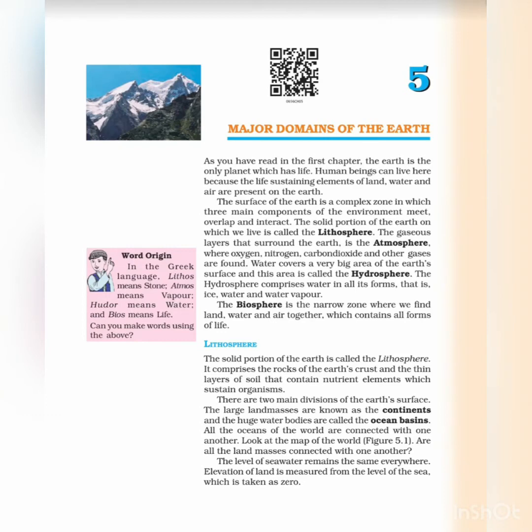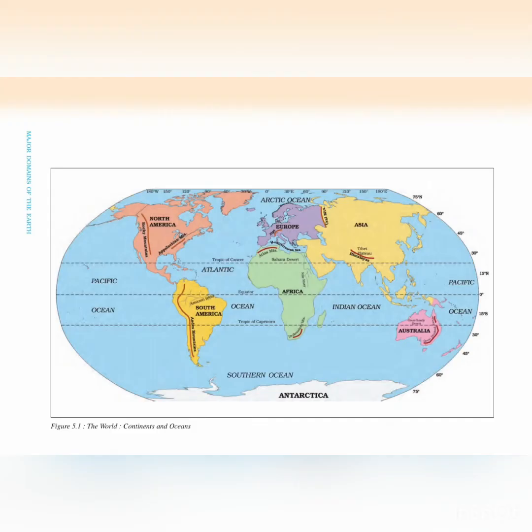Children, lithosphere includes the thin layers of soil which contain various nutrients that help to grow vegetation, okay? And the lithosphere is broadly divided into two major divisions, that is continents and oceans.